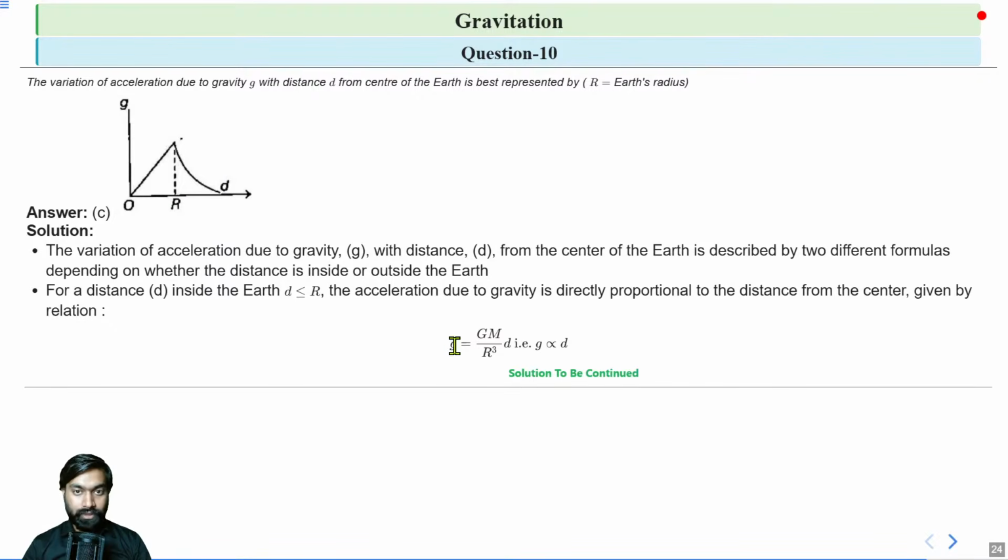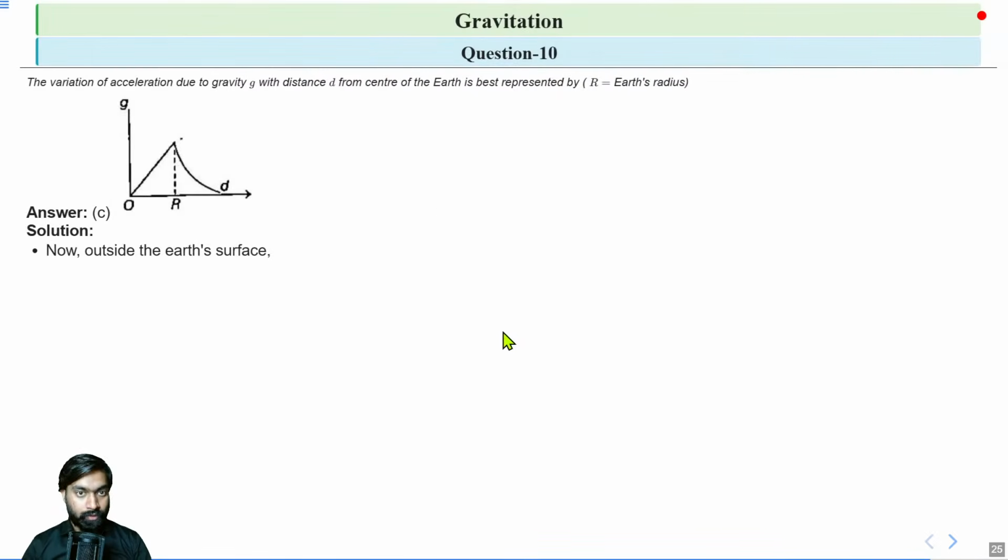So the formula is g equal to GM divided by R cube into d. So here g is directly proportional to d. Yes or no? Now if we talk about the outside, so we can say g equal to GM divided by d square.